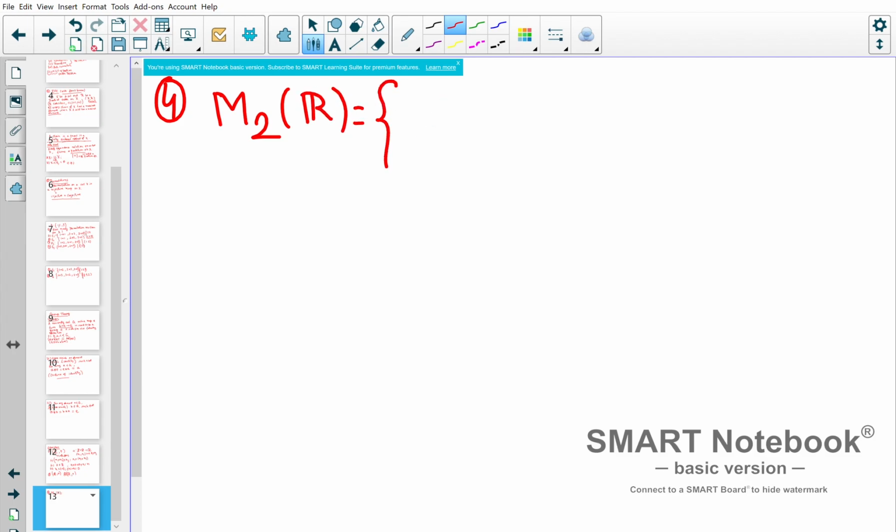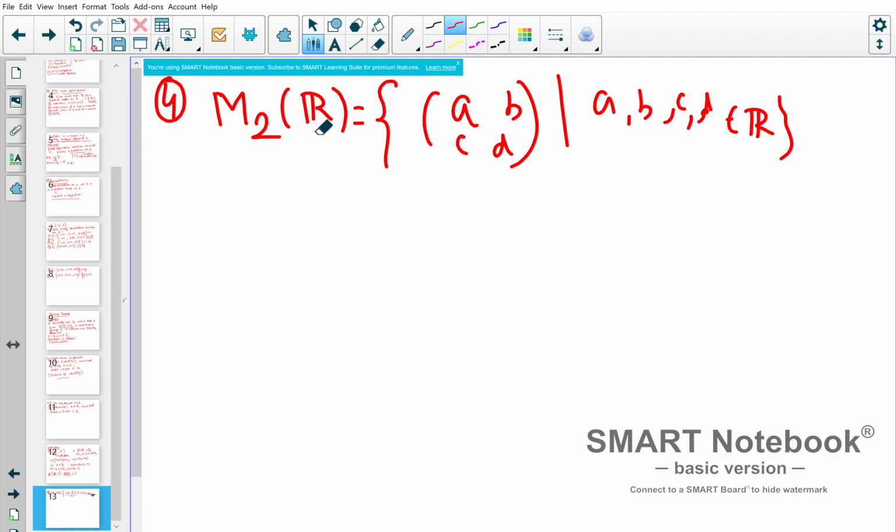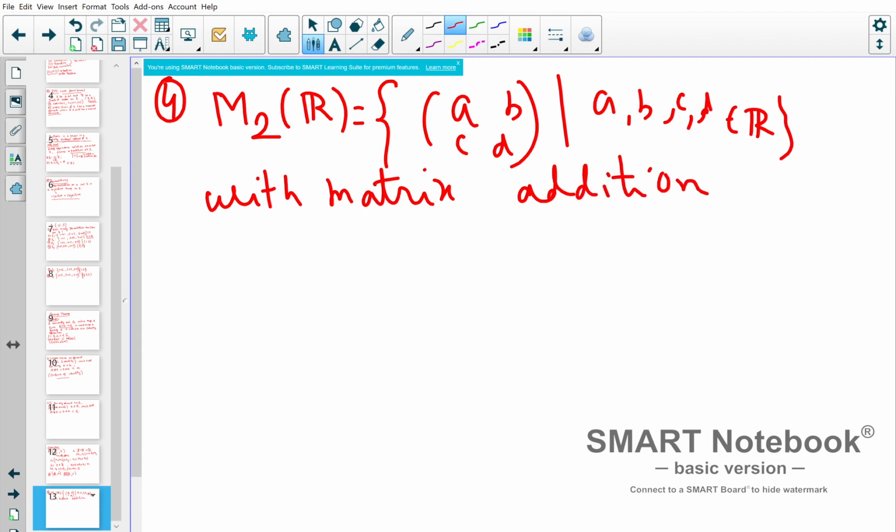This is the collection of 2 by 2 matrices with entries a, b, c, d, where a, b, c, d are elements of the real numbers. Instead of R you can have any other proper structure. And you have this with matrix addition. You know how to add two matrices; they also form a group.